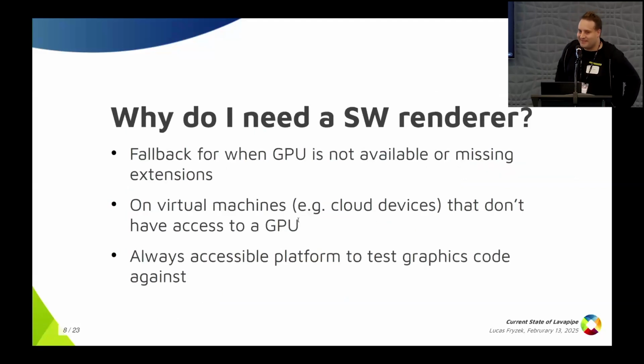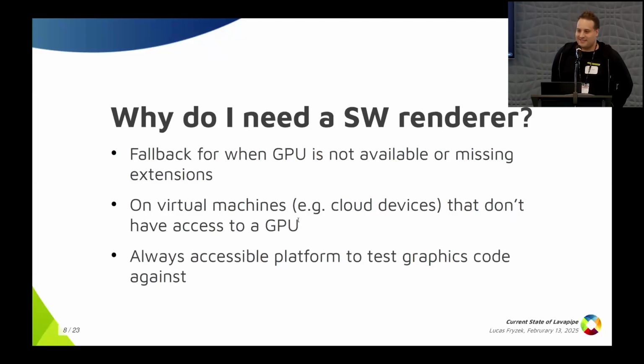But CPUs are slow for doing graphics. Like, why do I need a software renderer? There's a few places where it can be interesting for you to use. One example is when you don't have a GPU, like maybe you're doing device bring up, maybe you're running in a cloud VM that doesn't have a GPU and you want to run some Vulkan code. Well, it's an option for you.